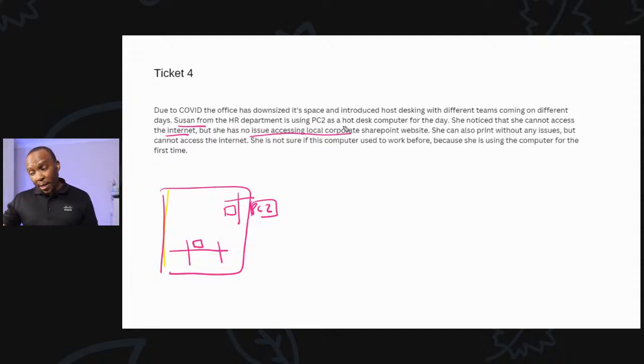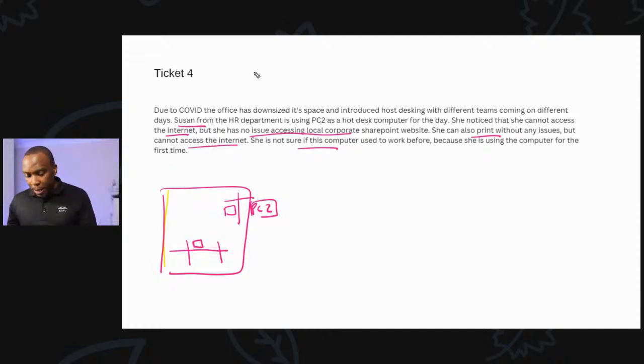So she can't get to the internet, but she can access the local SharePoint site. She can also print without any issues, but cannot access the internet. She is not sure if this computer used to work before, because she's using this computer for the first time.